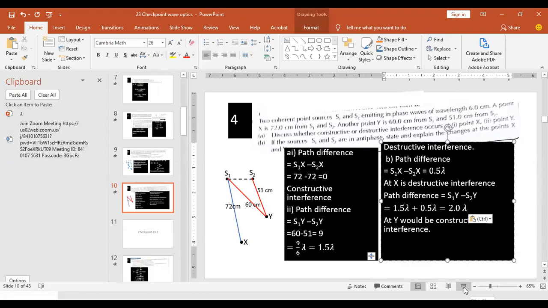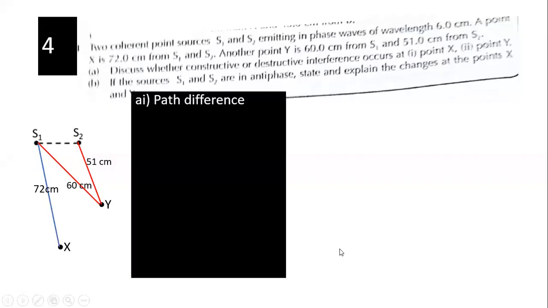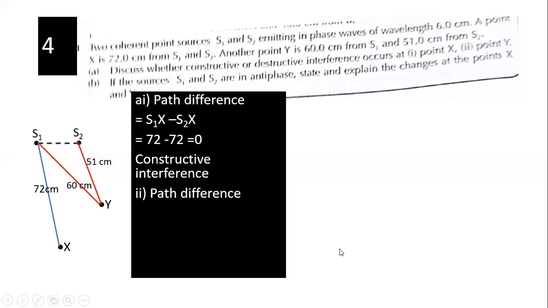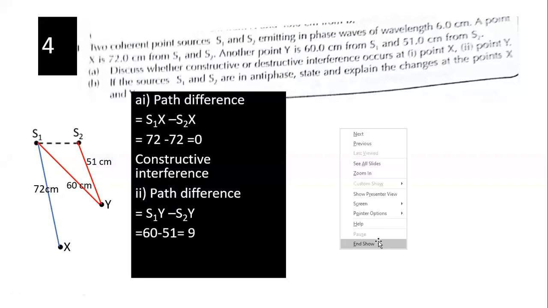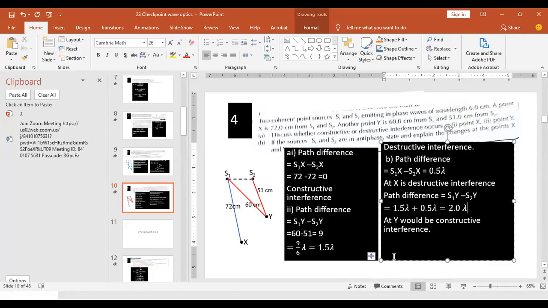Then S1x, S2x is what, for the antiphase? You have forgotten all your physics. Antiphase is 180 degrees. 180 degrees is half of 360, completely opposite. So it will be half a wavelength.